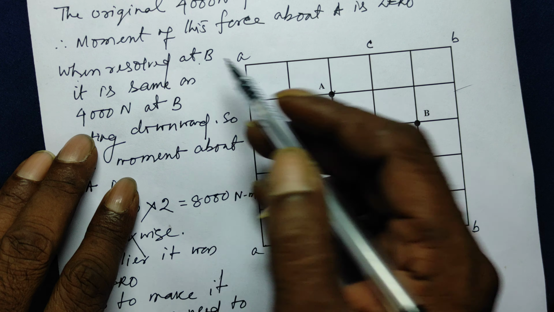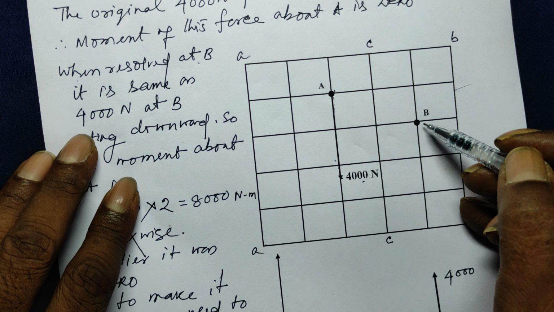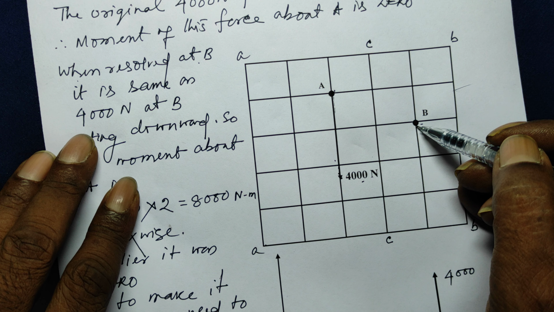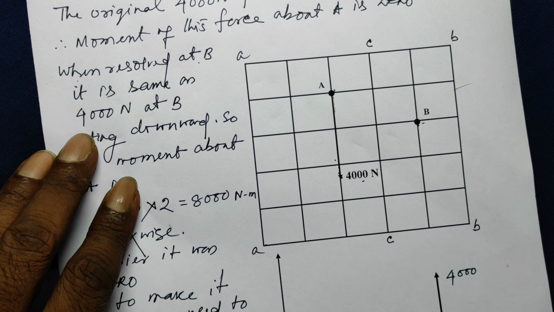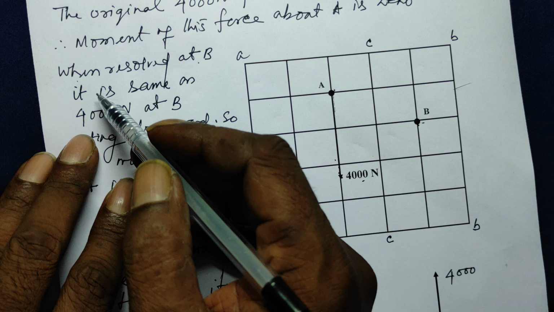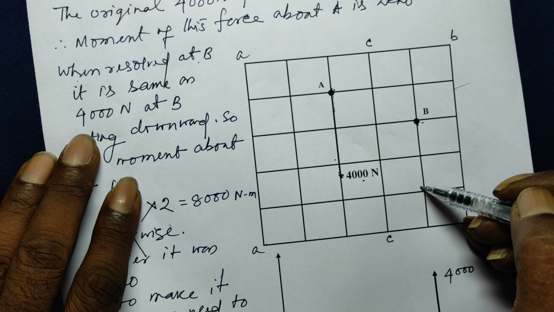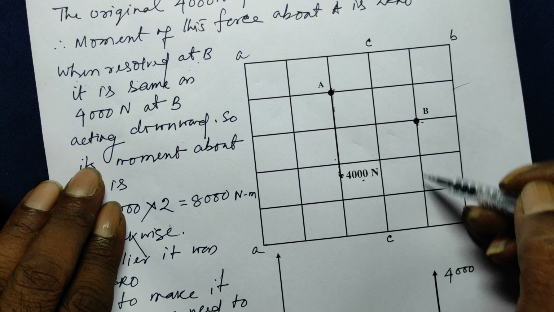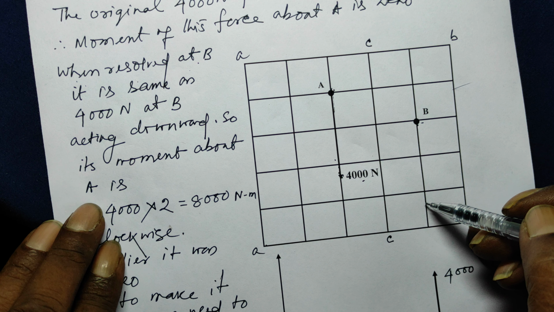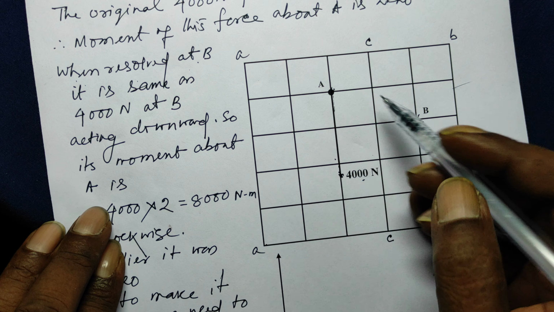Now when resolved at B, means we have to take it to B, then resolve it into a force and a couple. So when this force is resolved at B, it will be the same 4000 Newton at B acting to this side. So what will be its moment about point A?